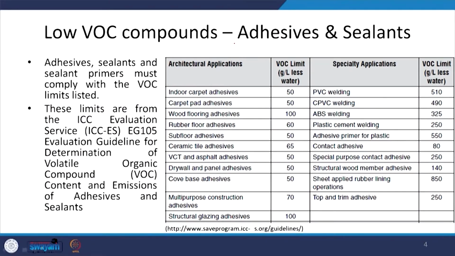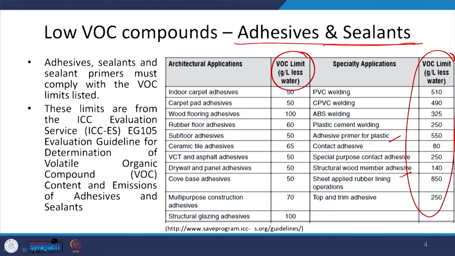For different categories of products, for example adhesives and sealants, the VOC limits in grams per liter are specified, for different types of adhesives used for different processes like welding, as a primer for plastics, or as special purpose adhesives. So for adhesives and sealants, these VOC limits have been specified.